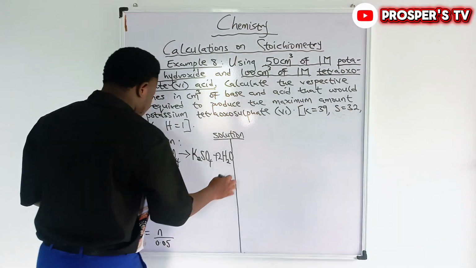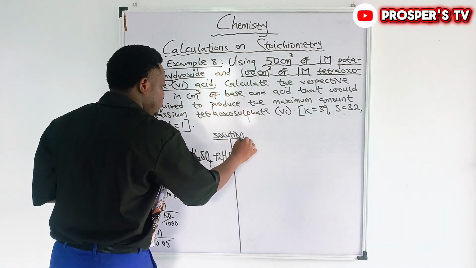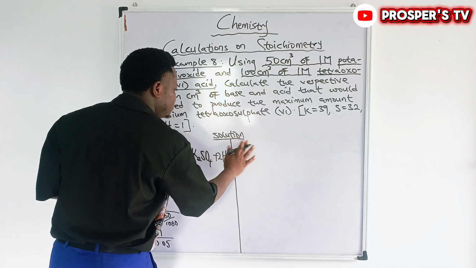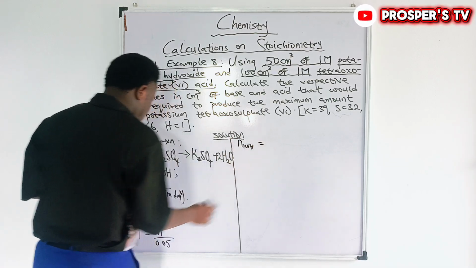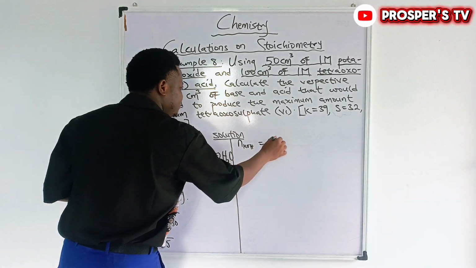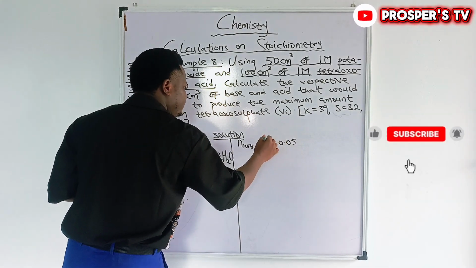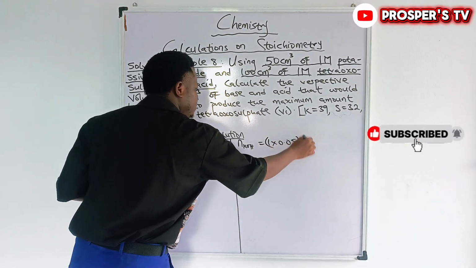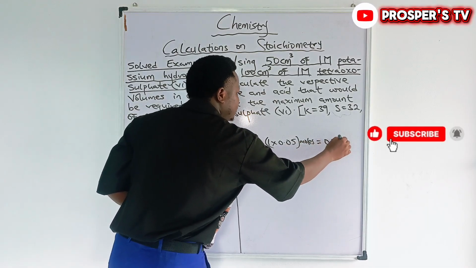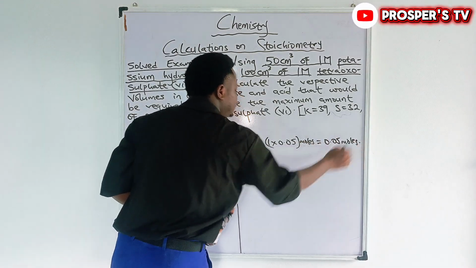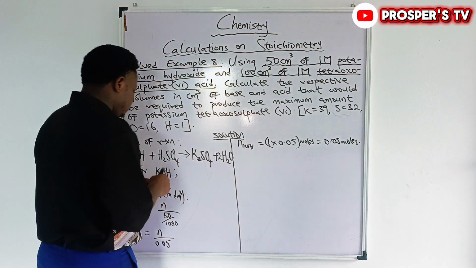So when you cross multiply, your amount for potassium hydroxide would be equal to 1 times 0.05 moles, which is equal to 0.05 moles. So that's what we have.